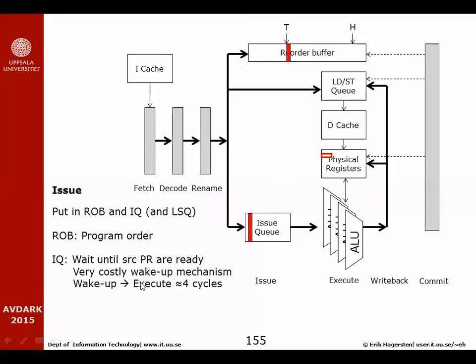The wake up is complex, but also can take quite a lot of time. From the time you get a wake up signal here until this instruction is actually executing could be something like 4 cycles. So there's a big gap here. And so the whole issue queue here will do the wake up. It will also do scheduling of instructions.